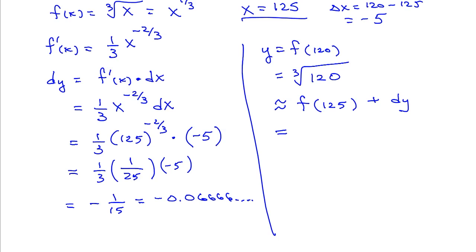The cube root of 125 is 5, and the differential is negative, which is going to lower it. But notice that I didn't write a negative here. I just let the sign come out in the dy itself. And that's 4.9333, etc.